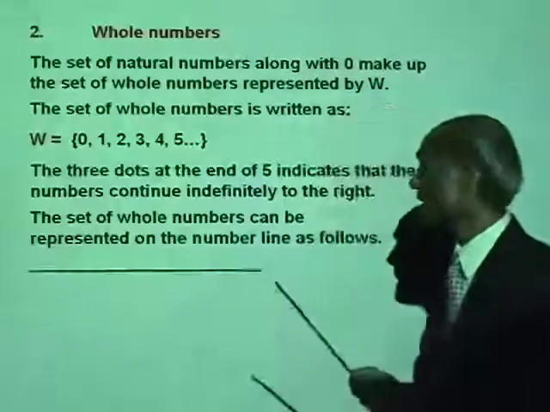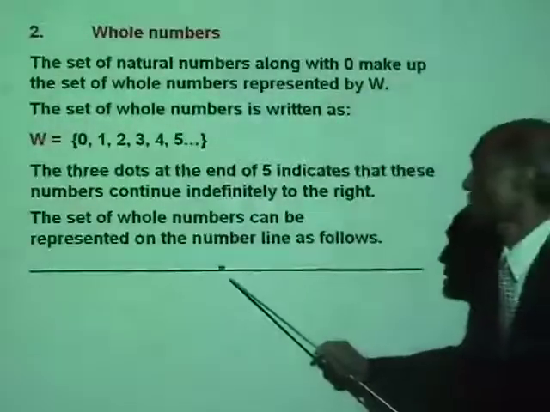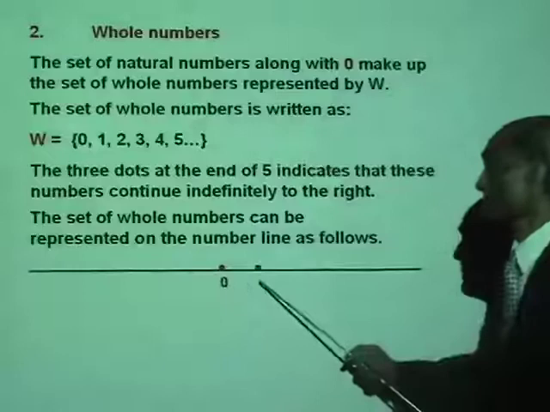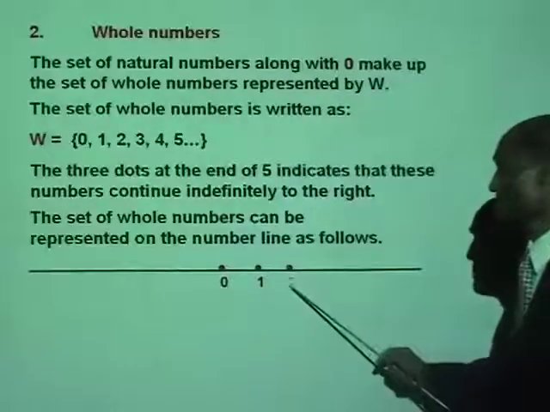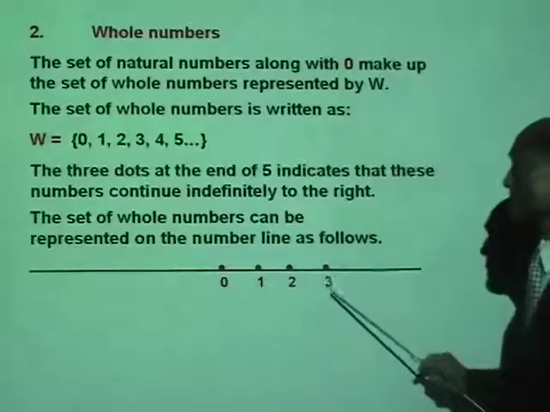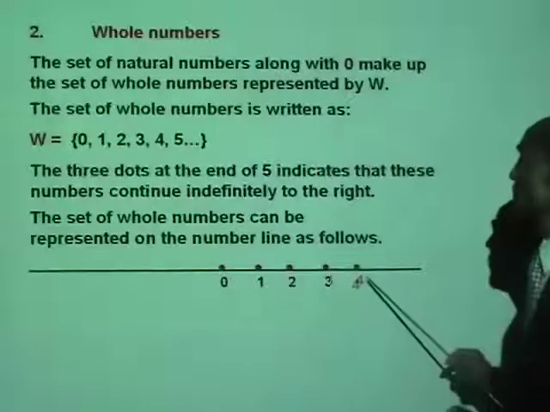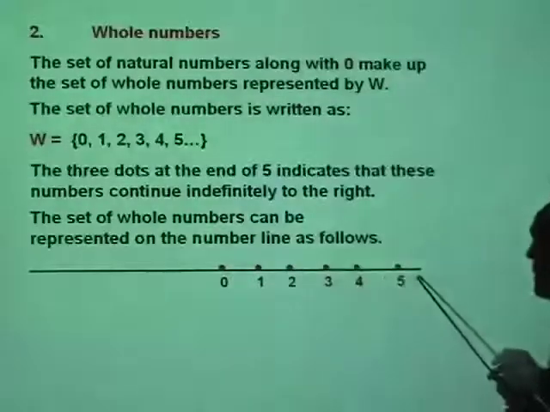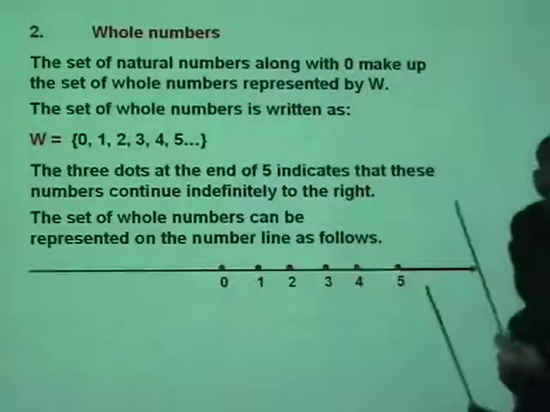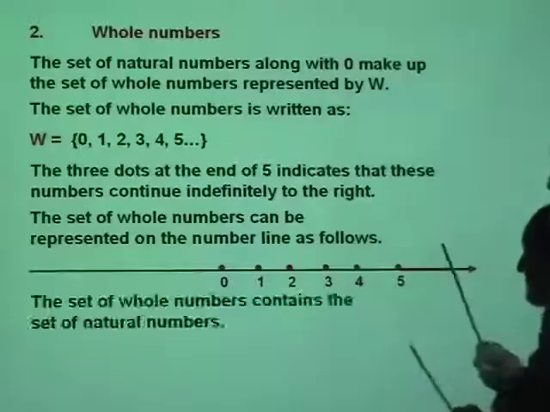So how will that look on the number line? We start from 0, then 1, 2, 3, 4, 5, and go indefinitely to the right.